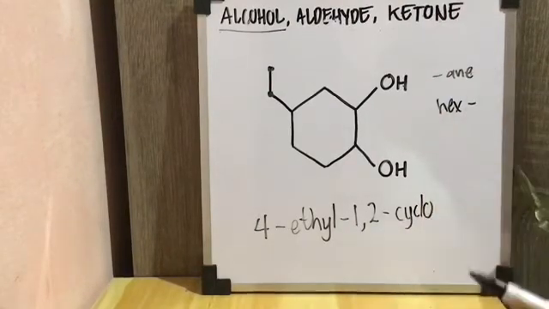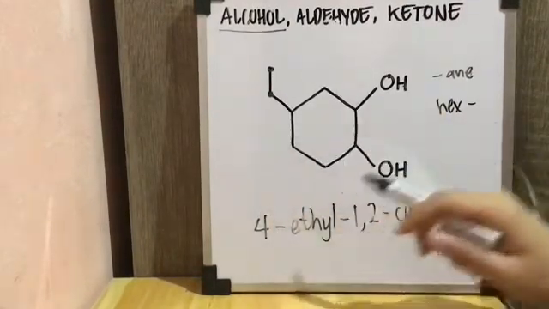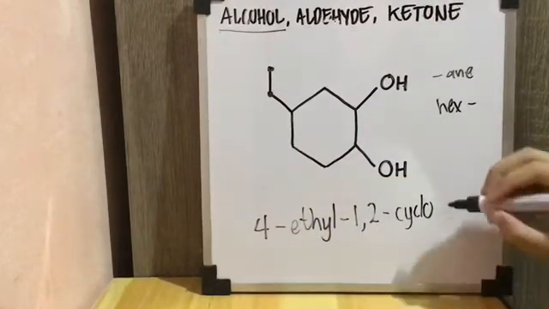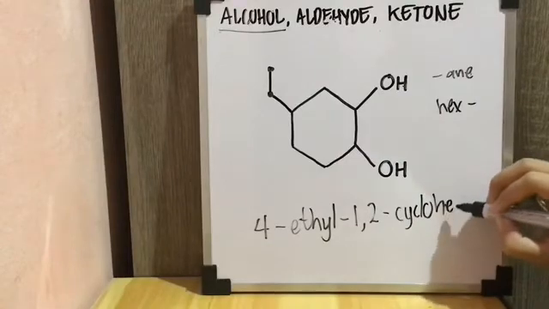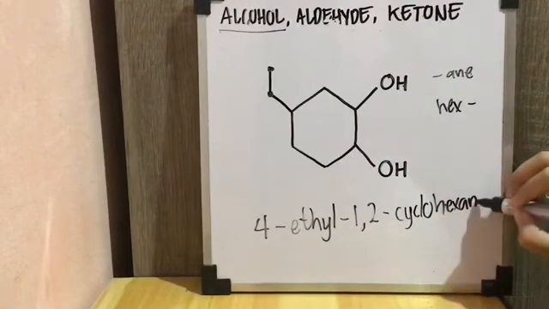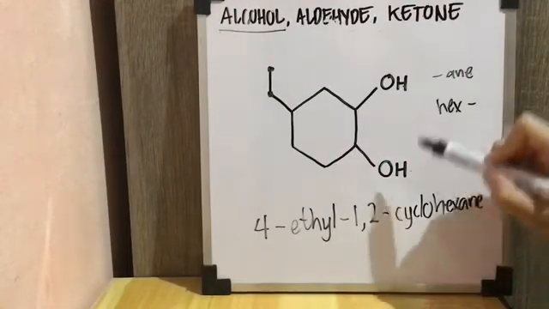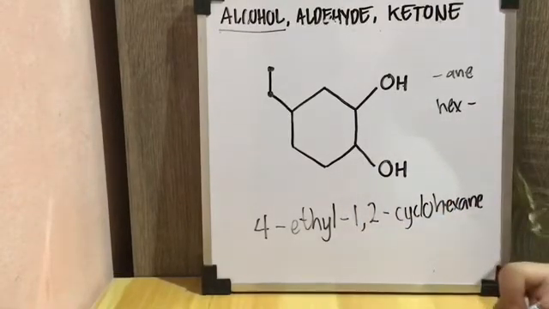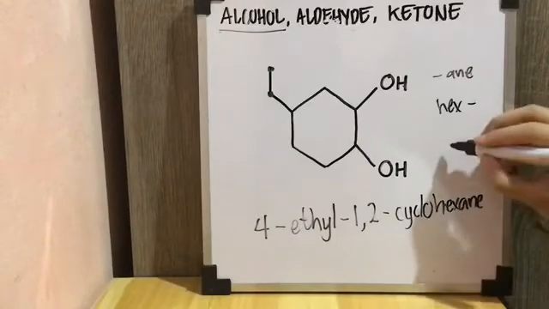And we just combine these two together. Hex because there are 6 carbons, ane because it is connected by single bonds. So it's going to be cyclohexane.